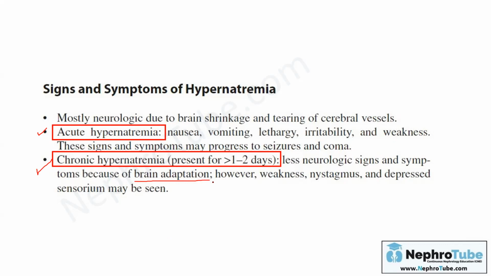The brain in chronic hypernatremia will adapt itself so as not to lose that much water. So this will lead to less severe symptoms in the form of weakness, nystagmus, disturbed sensorium, and so on.